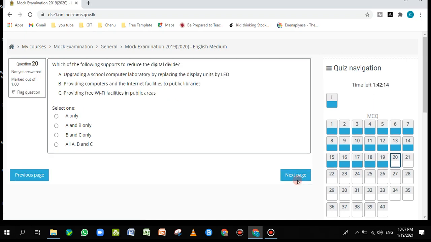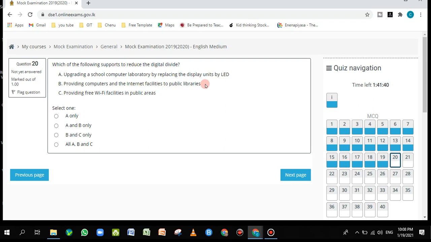And then next one. Which of the following supports reducing the digital divide? Now digital divide means a part of the society knows how to use the computer, digital devices, smartphones, all the stuff, but the other part doesn't know. So this digital divide can be reduced. Upgrading the school computer laboratory by replacing the display unit with LCD, that won't help. Providing computers and internet facility to public libraries, that is true.